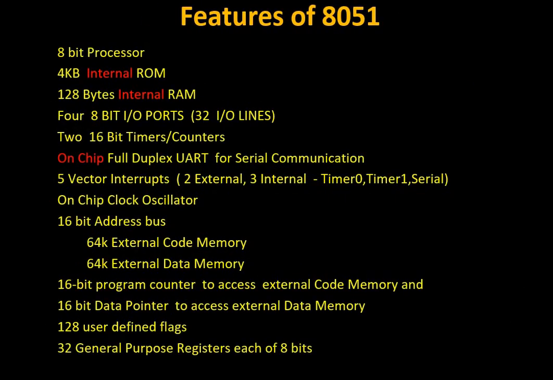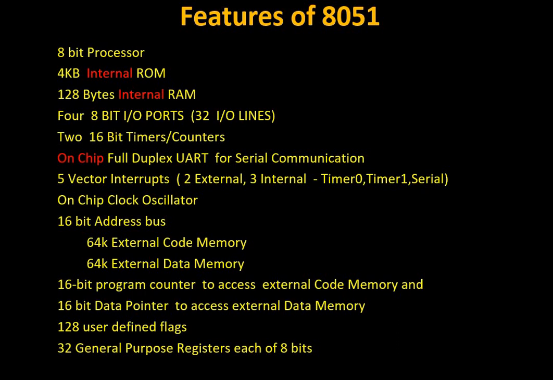Now there are some features of the 8051. Okay, there are some specialities which are present in the 8051. First, it is an 8-bit processor. It contains internal ROM, RAM, and input output lines. So ROM is about 4 KB internal ROM, 128 byte internal RAM, 4 8-bit input output ports, that means 32 input output lines.